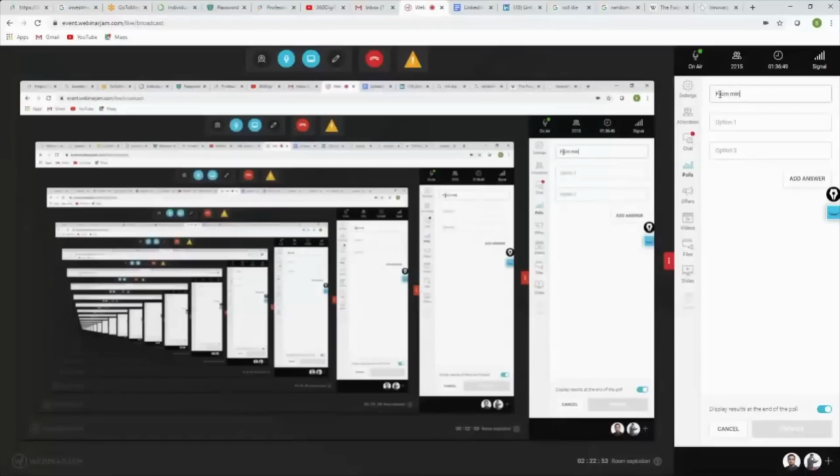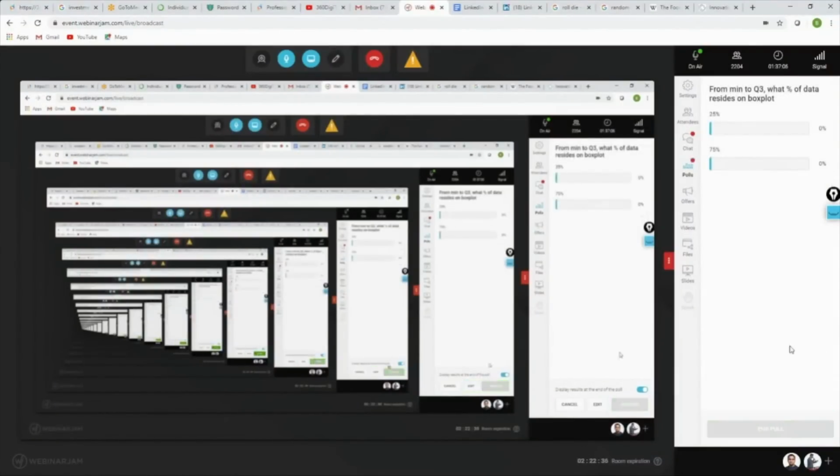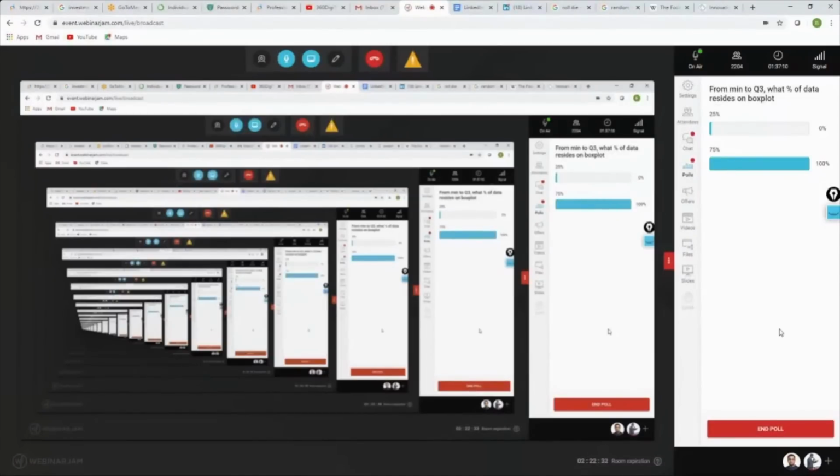From minimum to Q3, what percentage of data resides on the box plot? Is it 25% or is it 75%? There you go. Please, can you answer this, everyone? I request everyone to kindly respond to this.